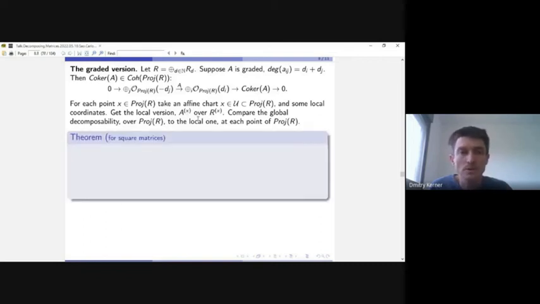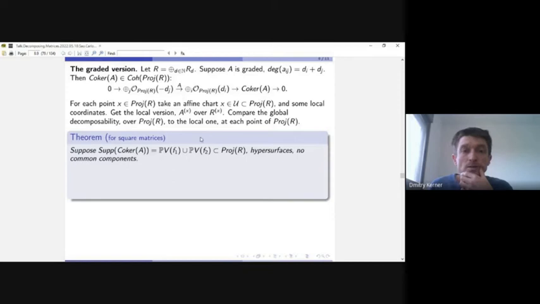So here's the statement. Again, for simplicity, it's for square matrices. So once again, suppose that this sheaf is supported on two components, and they are hypersurfaces, and they intersect properly in the sense that they have no common component. And there's some technical assumption that I will state later. Then the following are equivalent.